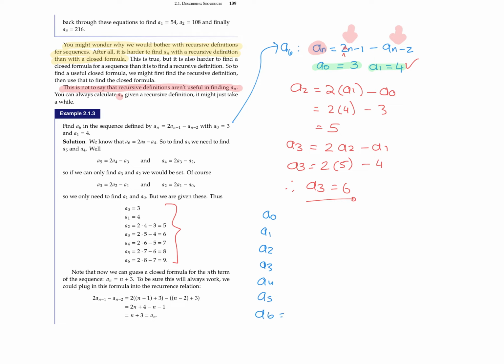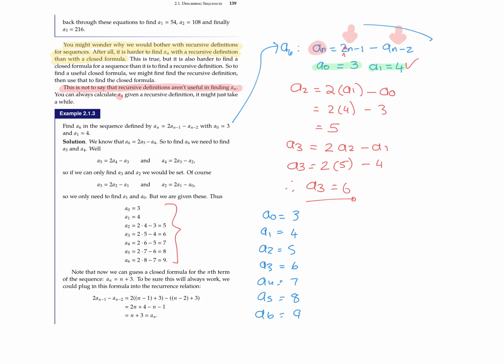I'm going to write these terms down so we can see if we notice something: 3, 4, 5, 6, 7, 8, 9. Now look at that. Look at the poetry here. There is the way the sequence grows.